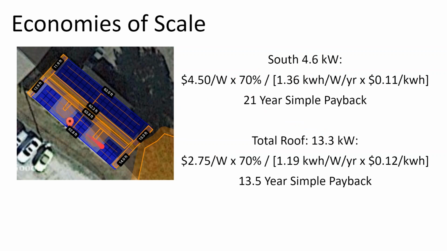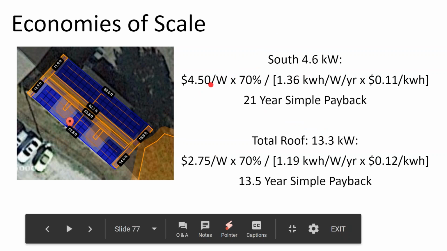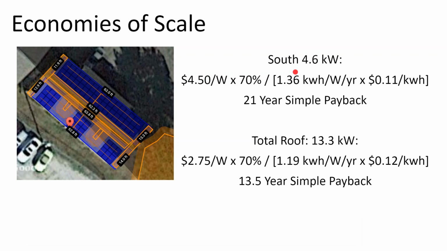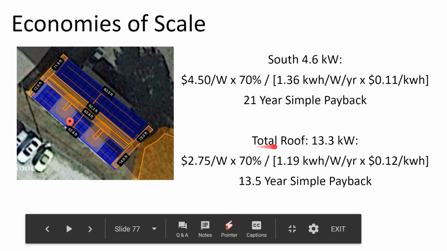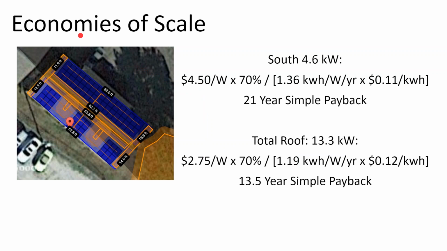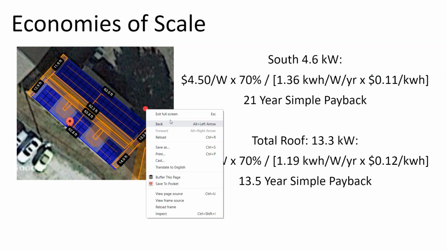And so if I do this small solar array at a substantially higher price, even though it produces more energy, it's going to have a longer payback than if I do the larger array at a lower price, even though it produces less energy per watt, because of the discount that I've achieved due to economies of scale.